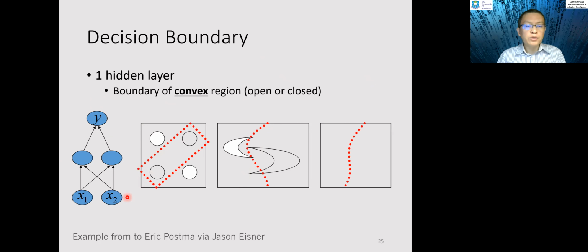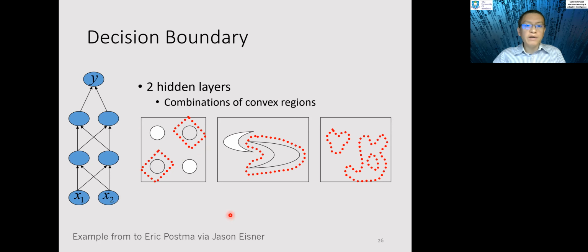And when we have just one hidden layer, the decision boundary is the boundary of a convex region. And in 2D space, it looks like this. So it is convex.